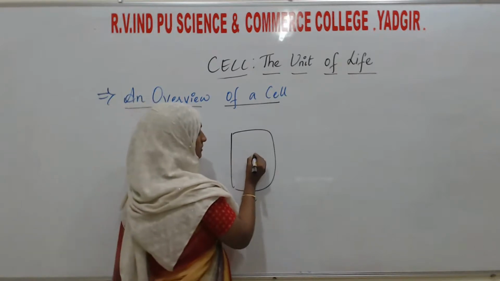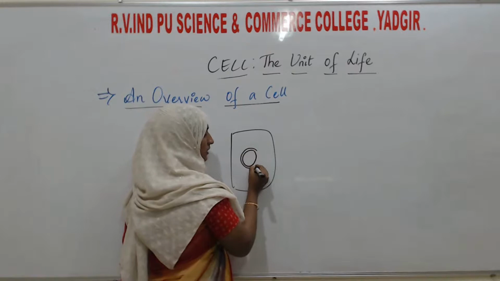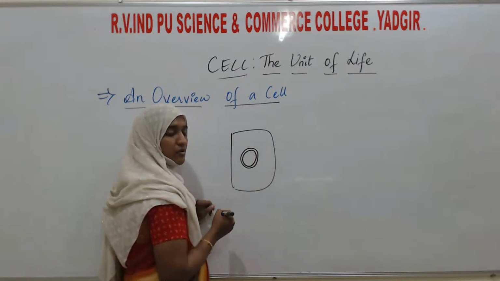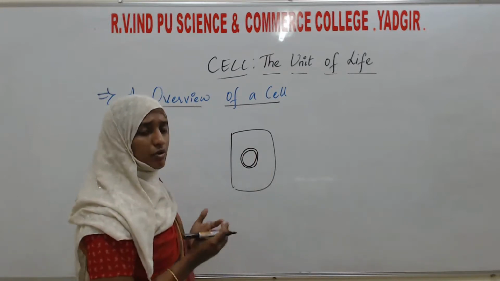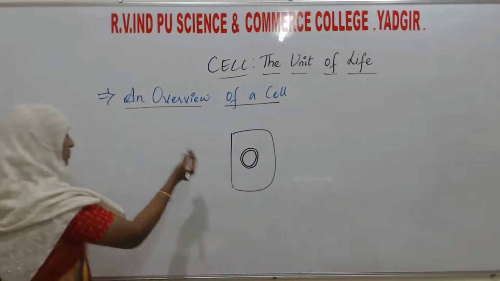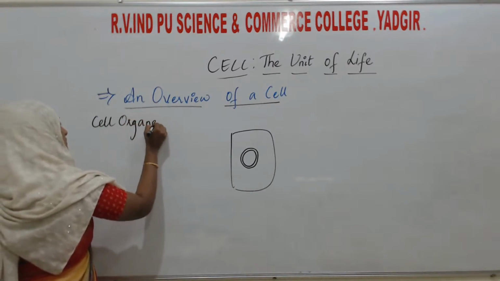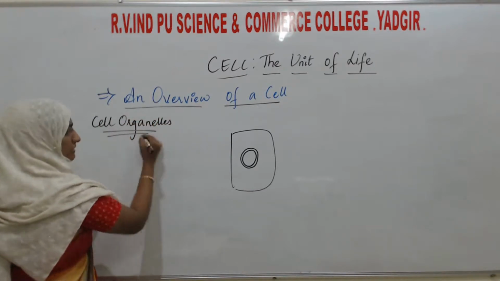the presence of one dense membrane-bound cell organelle. What is that cell organelle? Commonly, what are the cell organelles in the cell?